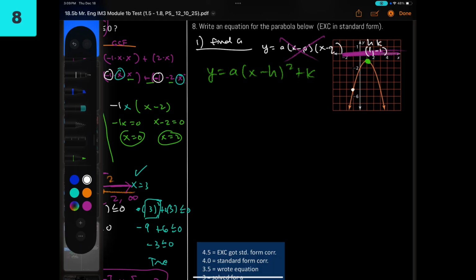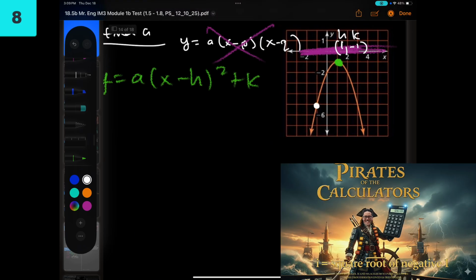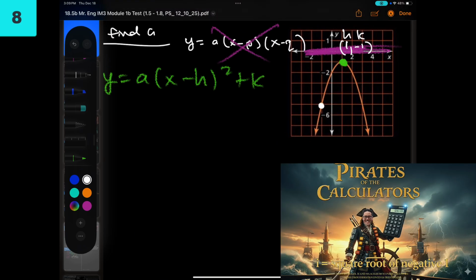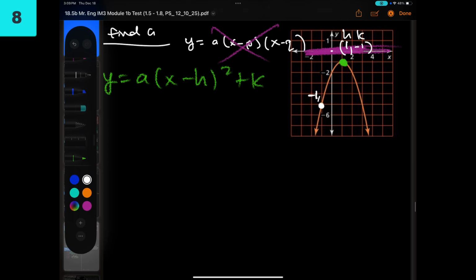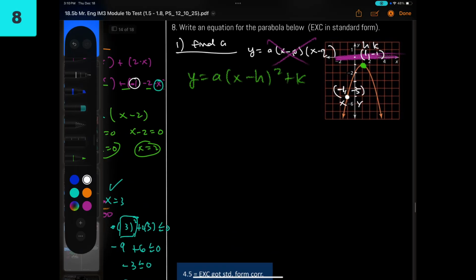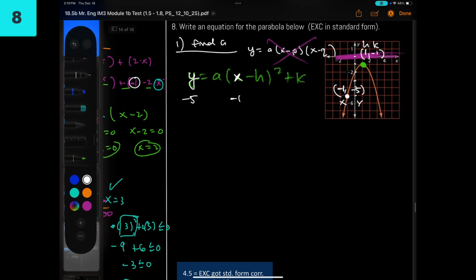And this other point I gave you is left 1, so -1, and down 1, 2, 3, 4, 5, -5. So that is your x and your y. Okay, now pay attention. If your x value here is -1, your y value is -5, your h value is 1, and your k value is -1.